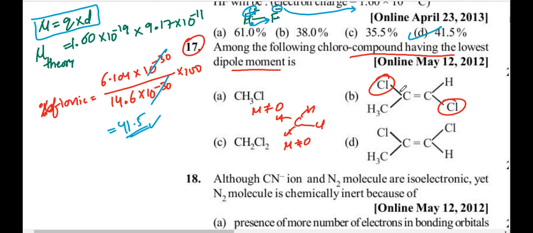So trans chlorine is there, so obviously less. Here cis is there, more. Okay, next, so finally answer B.